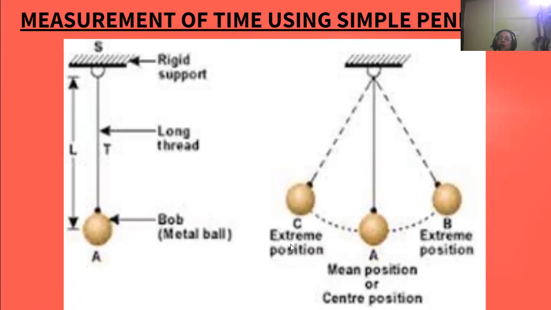Now, we first move this bob to one extreme position, let's say from A to B, and we release the bob and note the time, to see how many oscillations are taken.